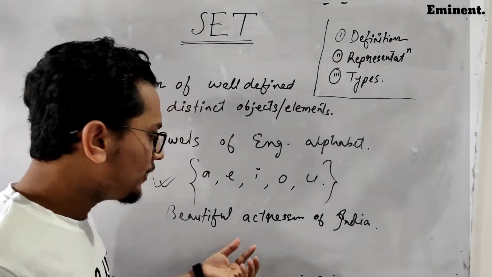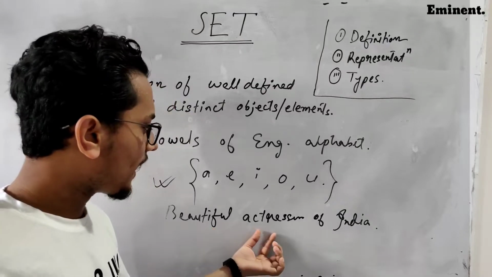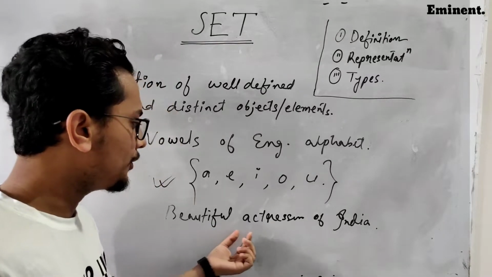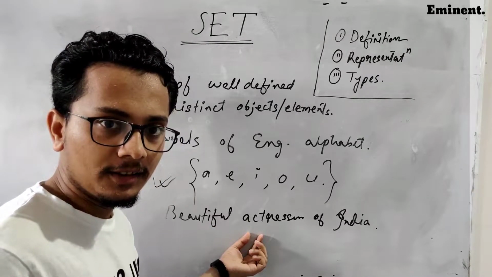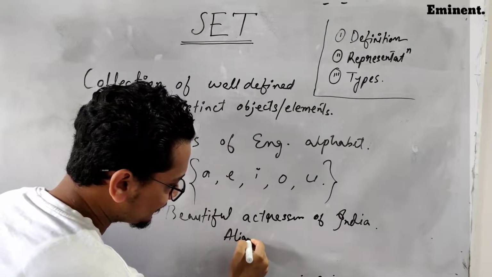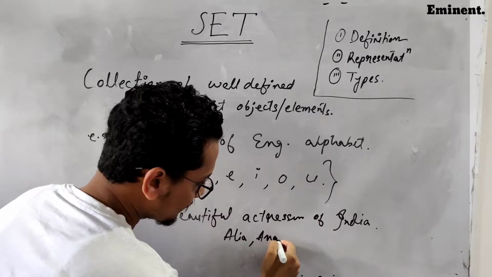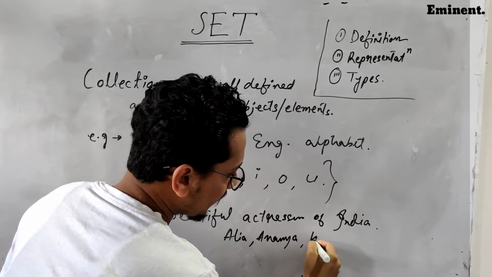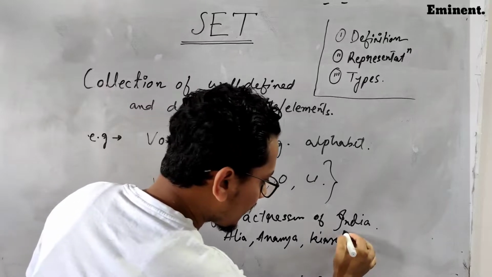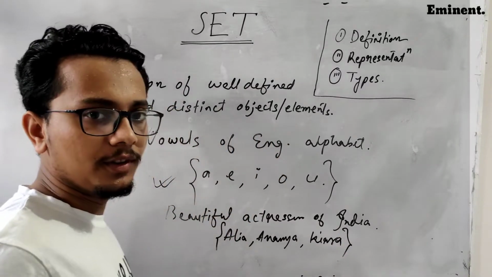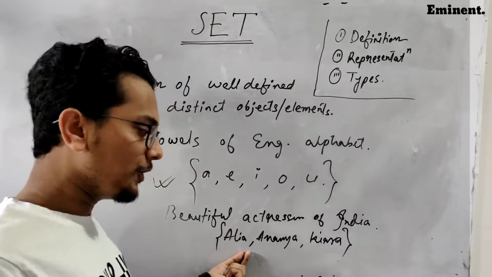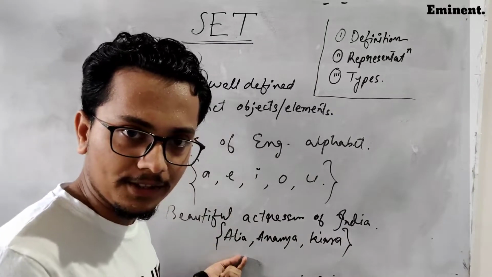If I want to take the beautiful actresses as object, and if I want to take a group of beautiful actresses, then I can take, for example, Alia, Ananya, or Kaira, and I have given curly bracket. This is not a set, though you have taken some examples.